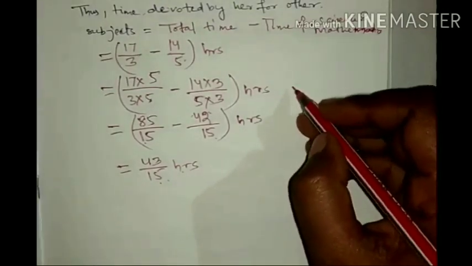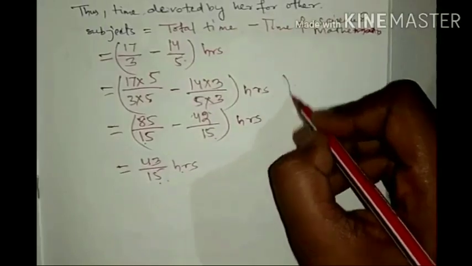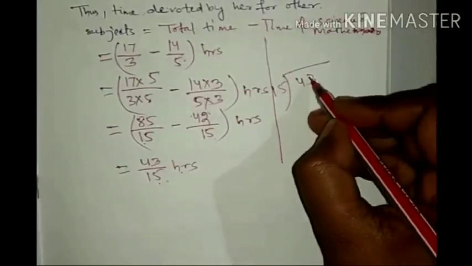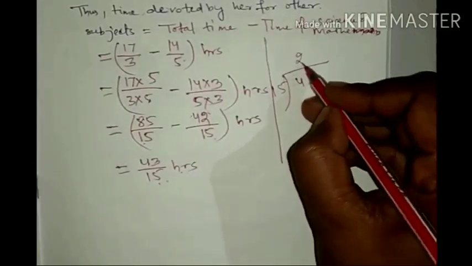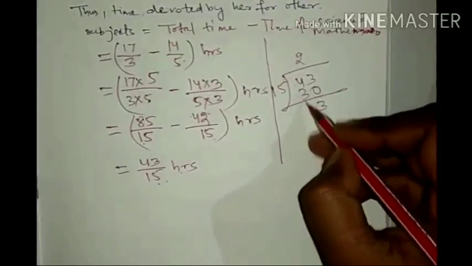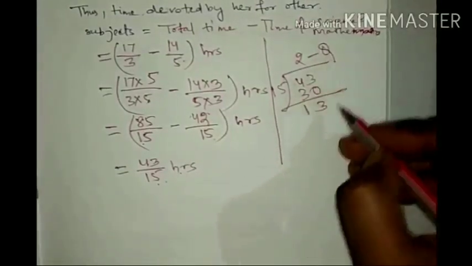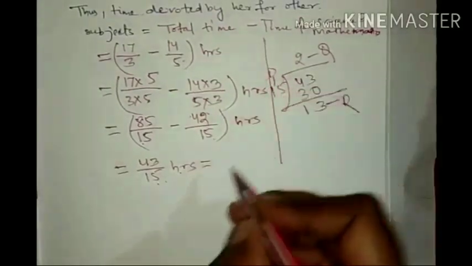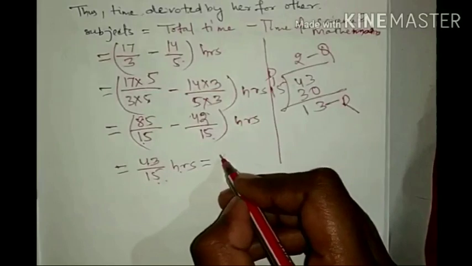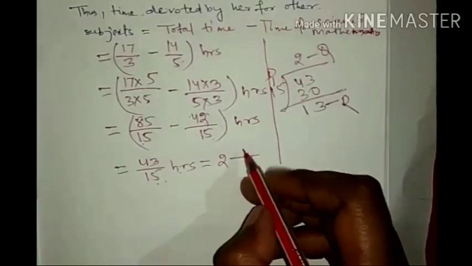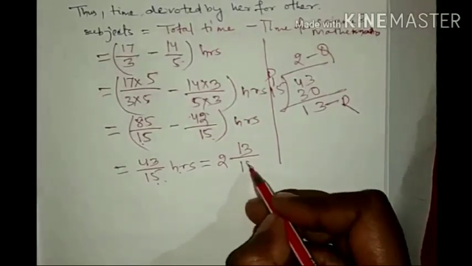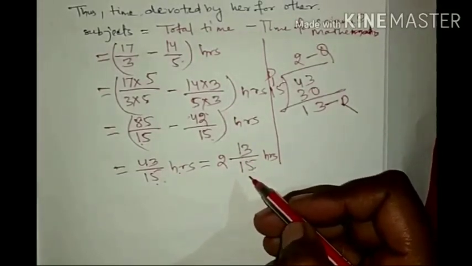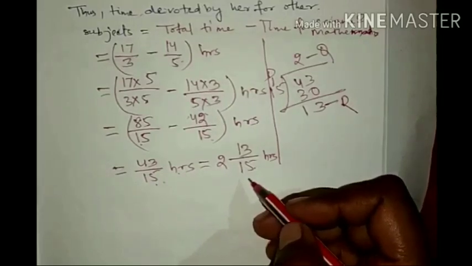You divide 43/15. 15 twos are 30, remainder 13. So this is the quotient, this is the remainder, and this is the divisor. First you write the quotient, and remainder over divisor, hours. So 2 13/15 hours is the answer, the time devoted for other subjects.